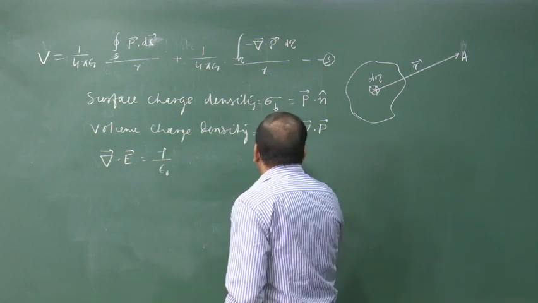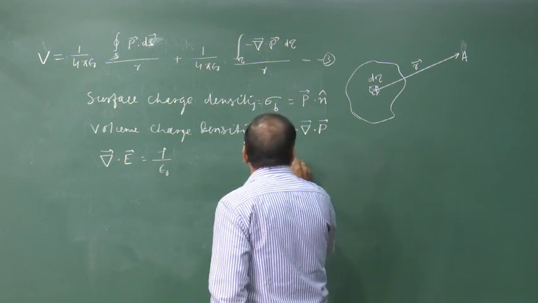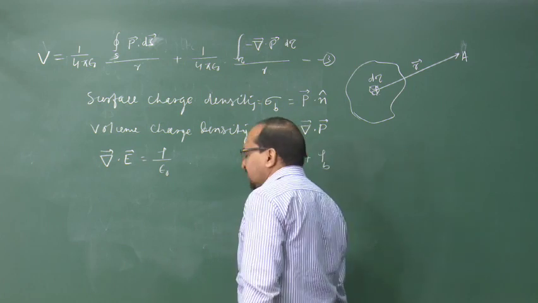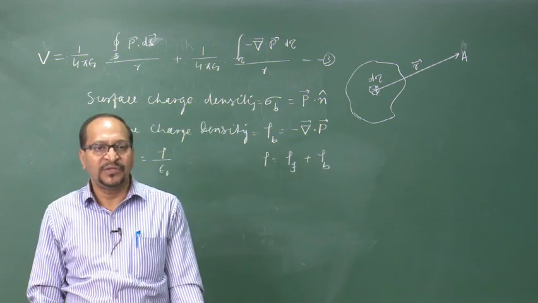So, we can write that this rho has two parts, one is free charge density plus another is bound charge density. Rho is equal to rho f plus rho b.